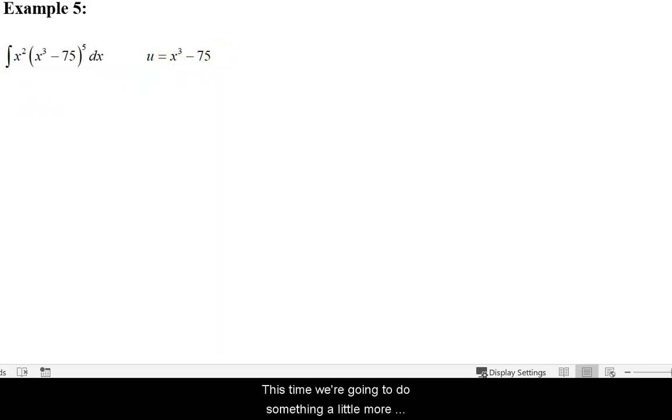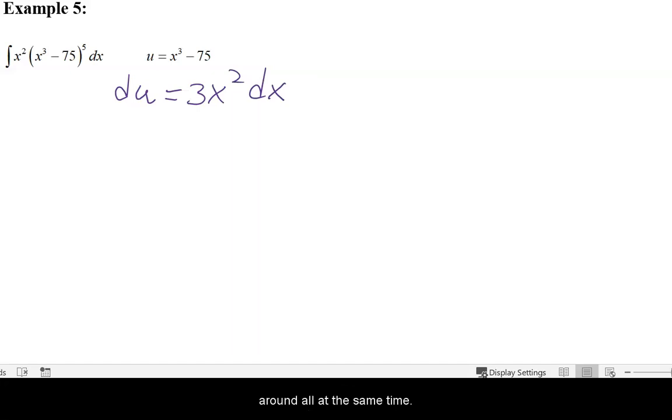This time we're going to do something a little more advanced, and we're going to abuse the notation at the same time we solve for the derivative of u. In other words, instead of writing du dx, I'm going to write du, find the derivative of it, which would be 3x squared, and abuse the notation by swinging the dx around all at the same time.